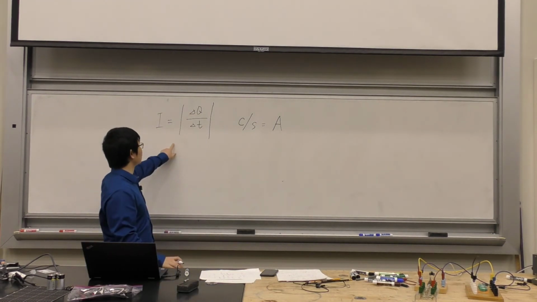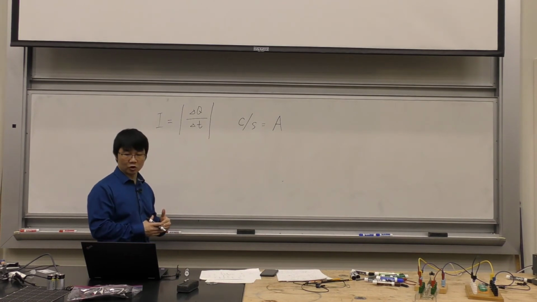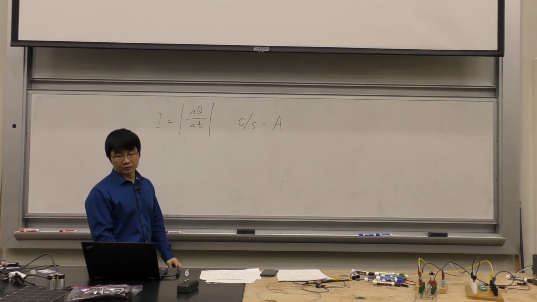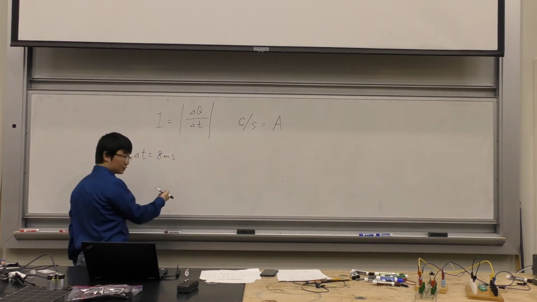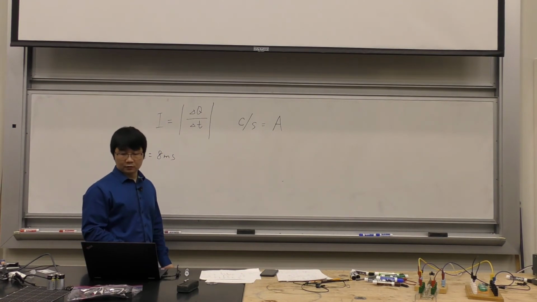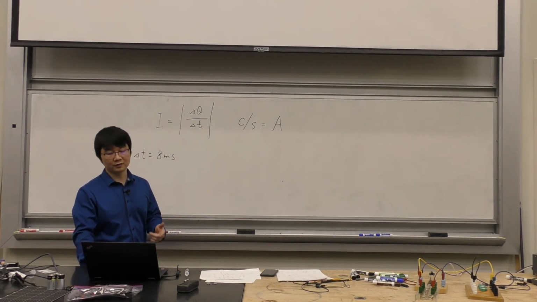Use the definition: the amount of charge divided by the time for this charge to flow. In this case, the time is given, converted to SI units. The problem doesn't give you the charge. It only tells you there are so many electrons flowing through this transistor in that amount of time.